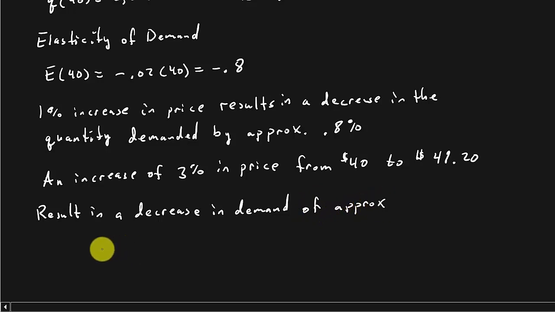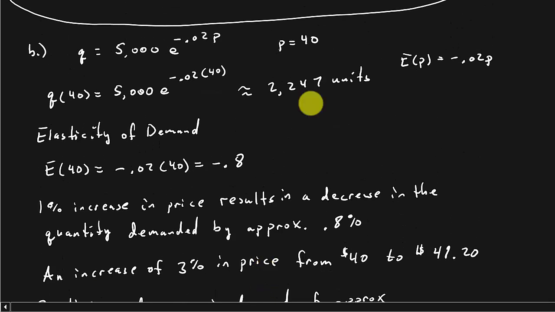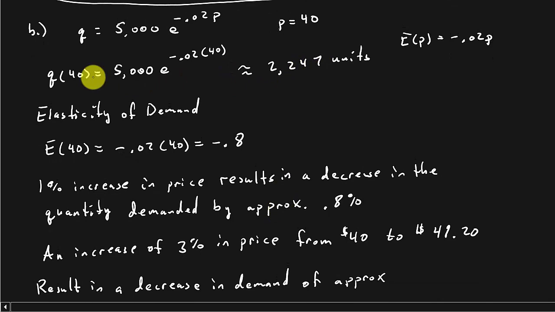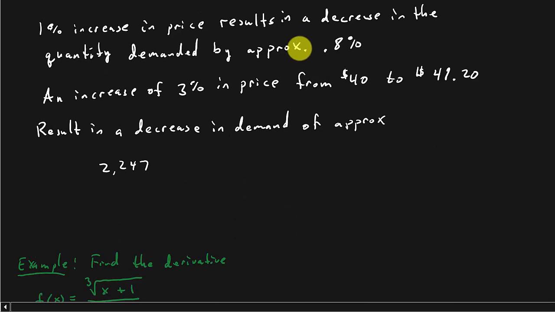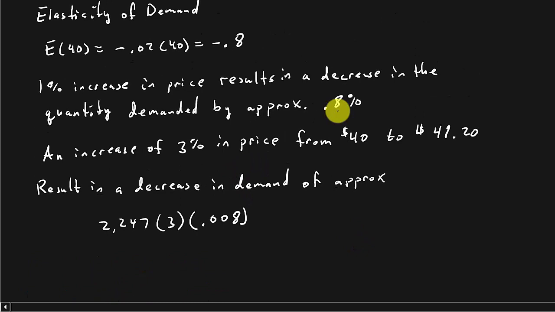Well, that's going to be 2,247, the units we had when it was 40, times the 0.008. That's the 0.8% decrease in demand at 1%, but we're doing 3%.